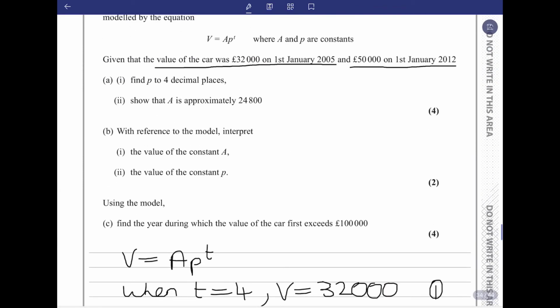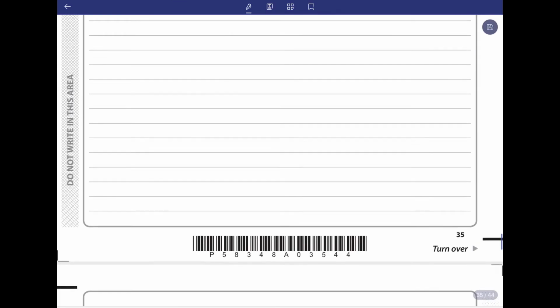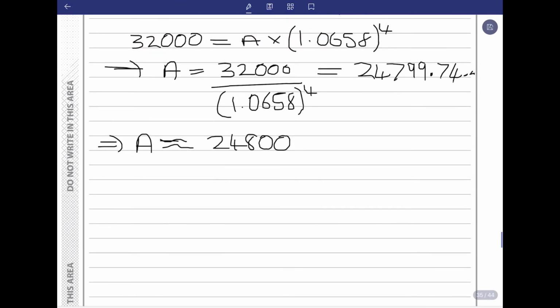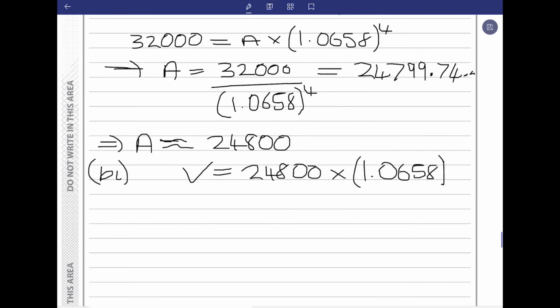Now let's have a look at part B. With reference to the model, interpret the value of the constant A. Now let's write down our V again. So we had V is 24,800 times 1.0658 to the t.